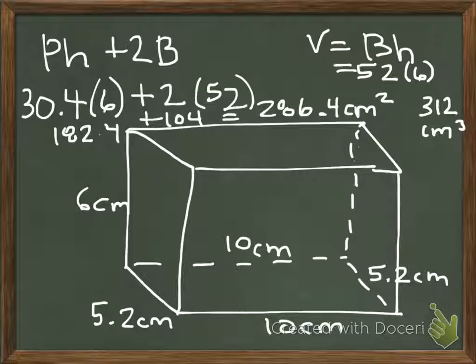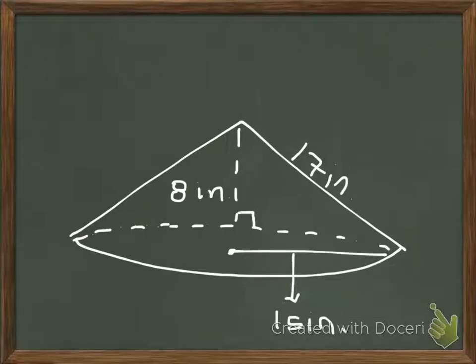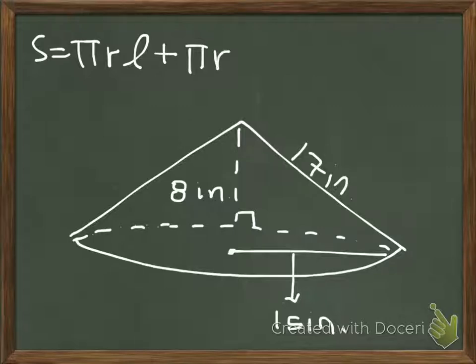So 312 centimeters cubed. The last one we're going to do is the cone, so volume and surface area of a cone. The cone, the surface area is pi r L plus pi r squared, and the volume is 1/3 pi r squared h. So again, we're going to fill in the parts here.